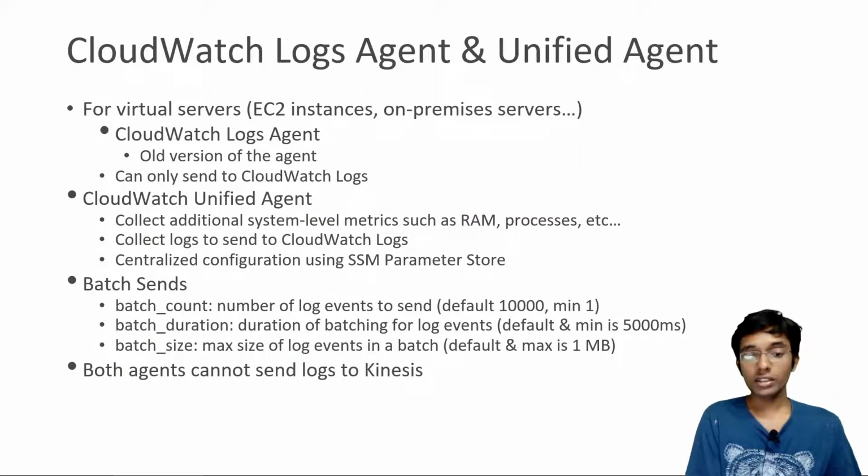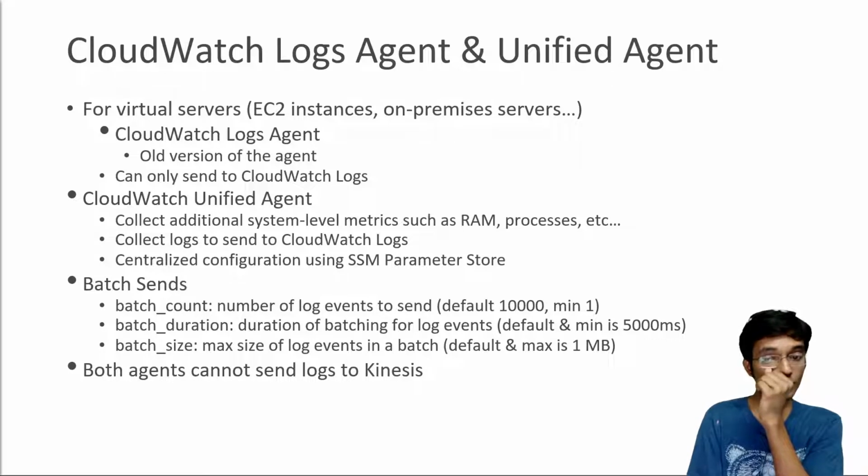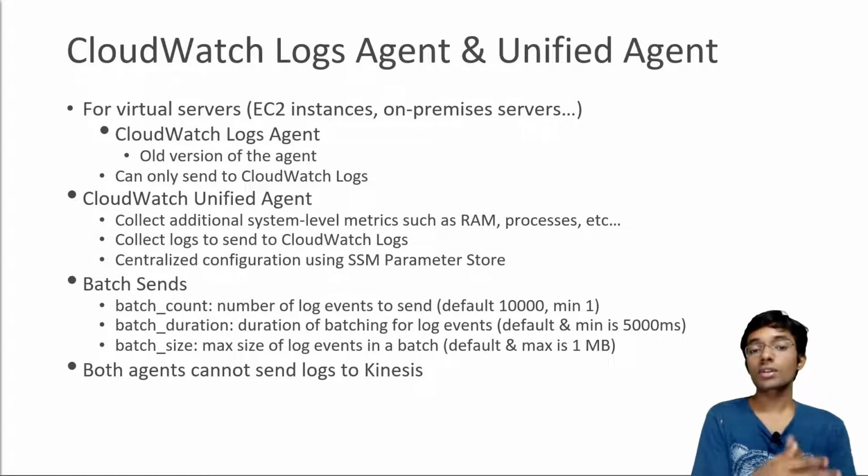Okay, finally, let's talk about the CloudWatch Logs agent and the unified agent. This is when you have a virtual server. It could be an EC2 instance or an on-premises server, and it has logs that you want to send into CloudWatch Logs or metrics you want to collect. With the CloudWatch Logs agent, which is an old version of the agent, you can only send log files into CloudWatch Logs.